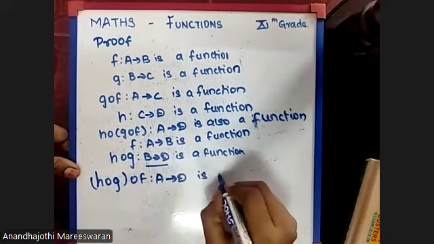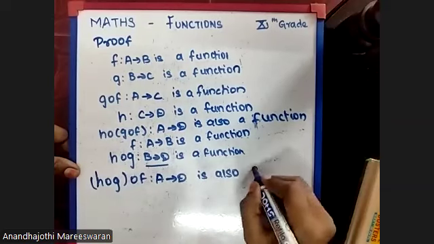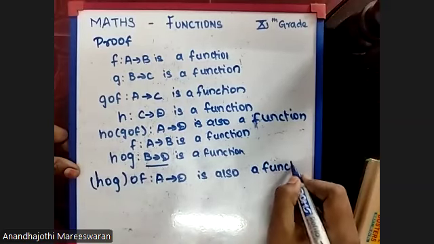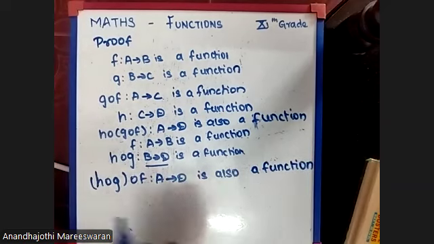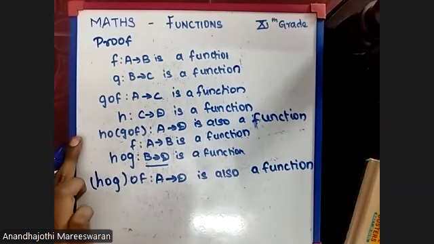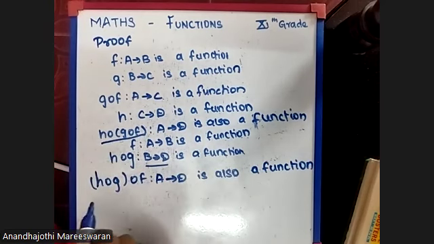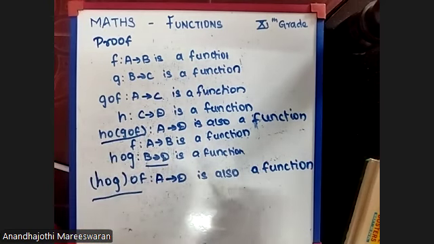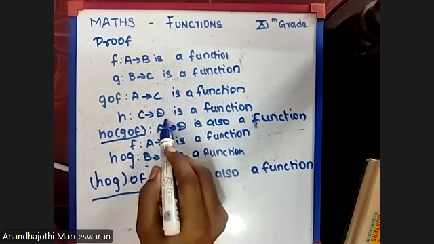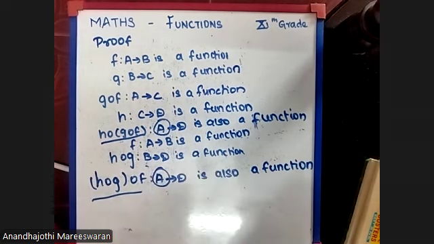This is also a function, right? Shall we check both the sides? One is at the left-hand side, one is at the right-hand side. Now check both their domains. Both their domains are A. So we can conclude both their domains are the same.